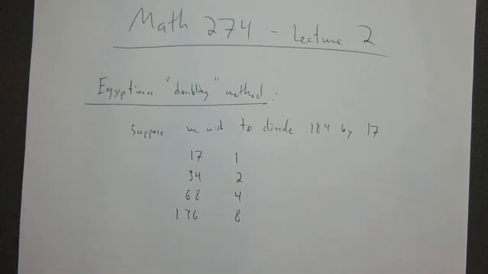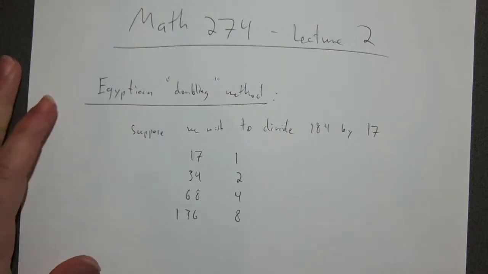And we can stop here because 136 is the largest power of 2 times 17 that is less than 184. There are multiples of 17 that are less than 184, but not as a power of 2. If I double this, I get something bigger than 184, so I stop here.